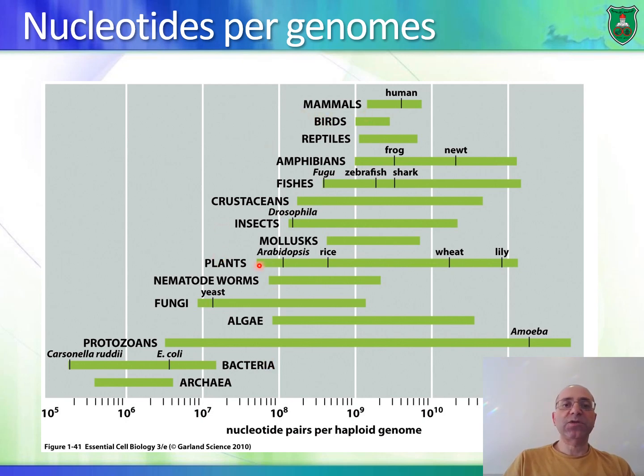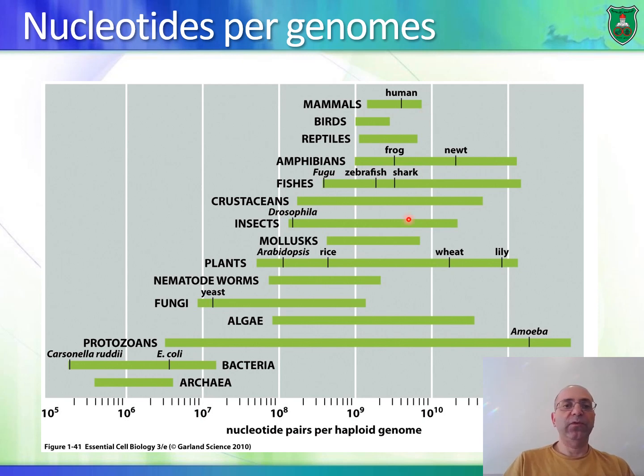If you look at plants, this shows different plants like rice, lily, and wheat. You can see the variation right here. In humans, we have 3 billion base pairs. Mammals are about 1 billion to close to 10 billion base pairs.